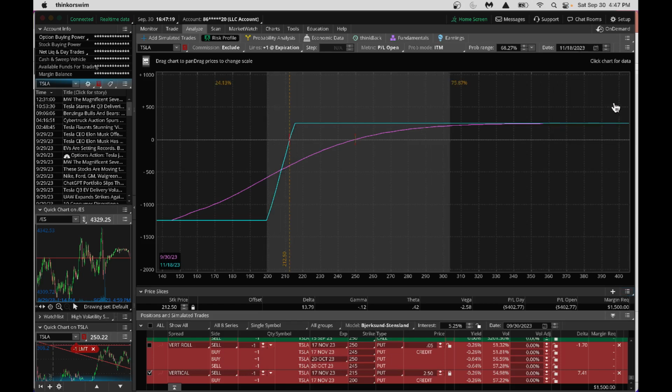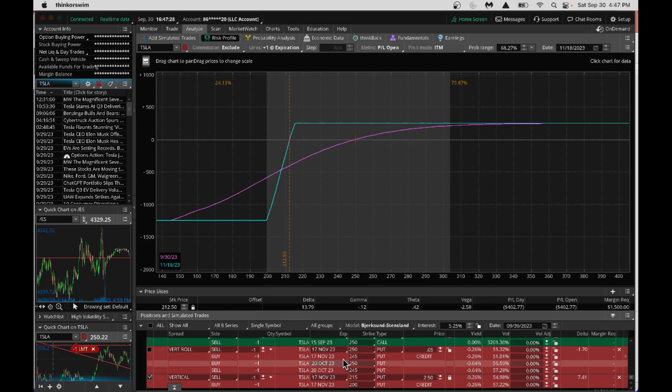All right, look, nice chart here, and let's look at this. We got a vertical spread in Tesla, and look at the nice and high probability of making money here, 75%. I would take this anytime here. It's a great way of making some money in a very liquid underlying.